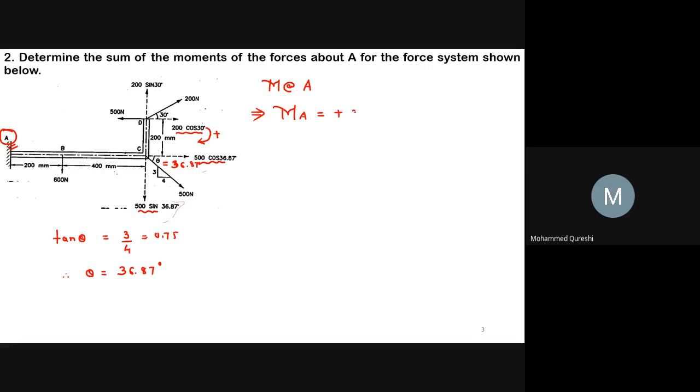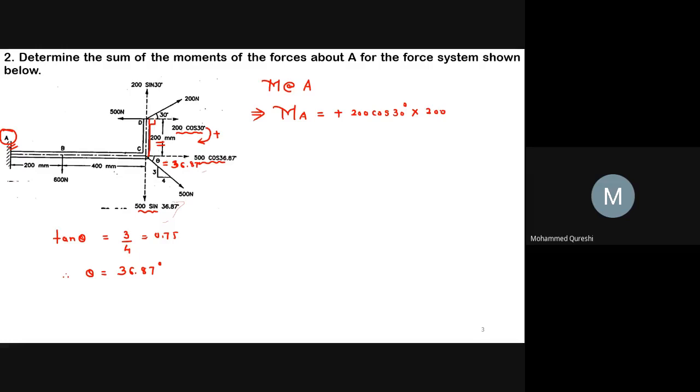So plus 200 cos 30 degree. This is our force. Force into perpendicular distance. So our perpendicular distance is nothing but this distance, and this distance is nothing but 200 mm. So 200 cos 30 degree into 200.